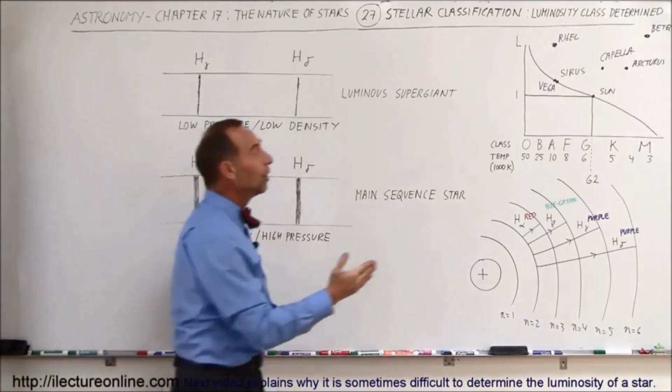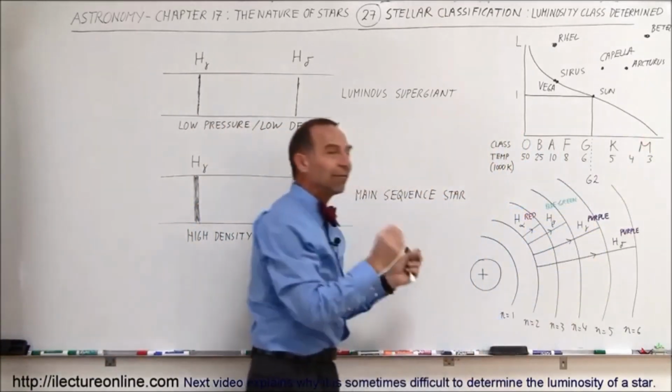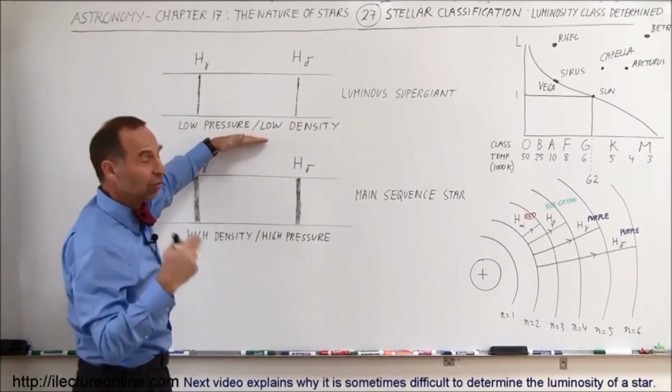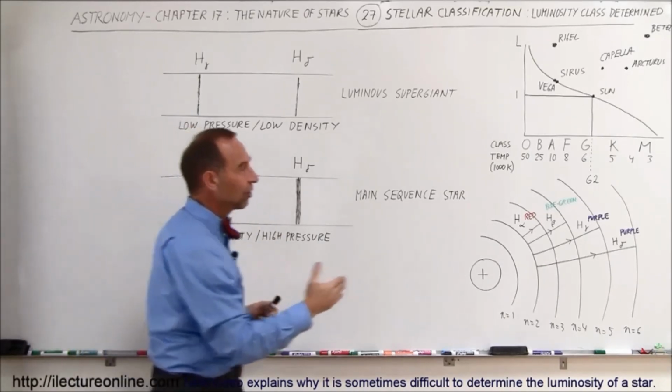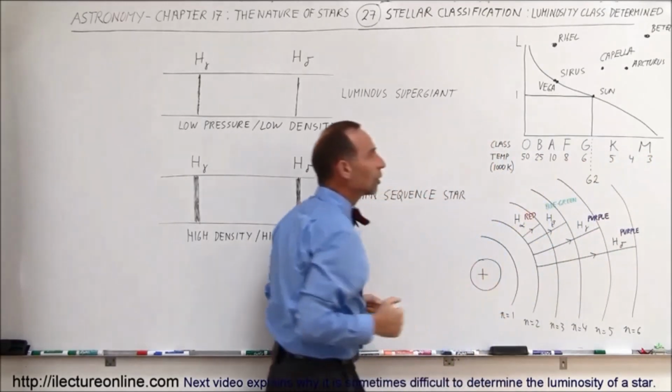Of course, we also know that they vary according to their spectral class, but we have to differentiate between the variation due to change in the pressure and density of the gas at the surface versus change in the temperature of the surface as the stars get hotter and hotter as we go from M-class stars all the way up to O-class stars.